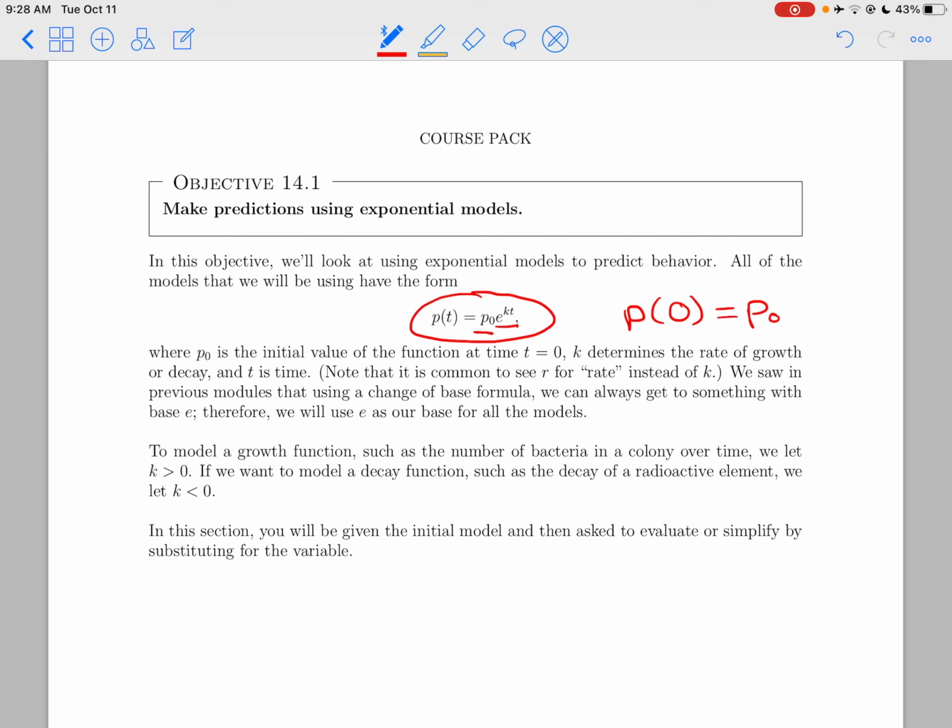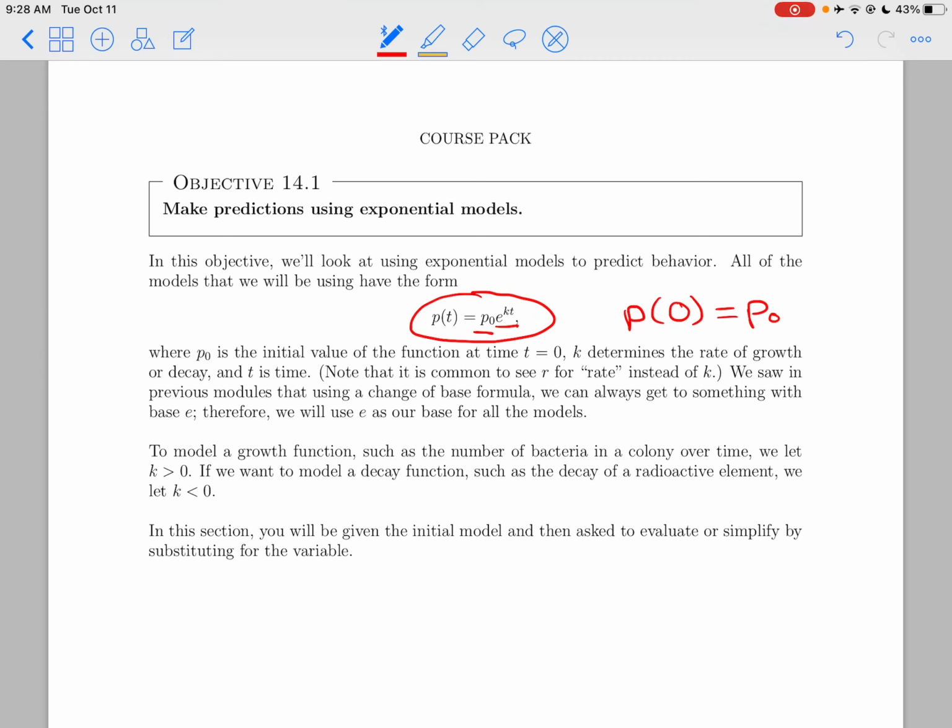If k is negative, then as t gets larger, e to the power of kt is going to be e to the power of a larger and larger negative number. Now remember, when I have e to the power of a negative number, it's the same thing as 1 over e to the power of its positive counterpart.